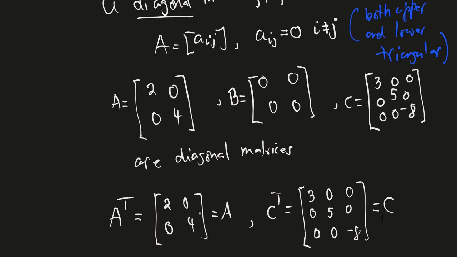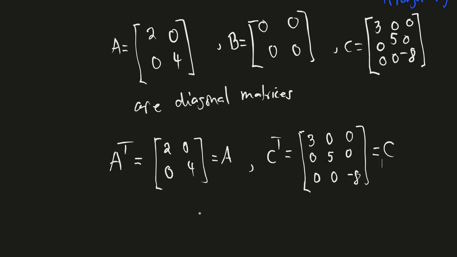Now, diagonal matrices have this particular property. Other matrices have this property too, and matrices whose transpose is the same as the original matrix are said to be symmetric matrices, right?